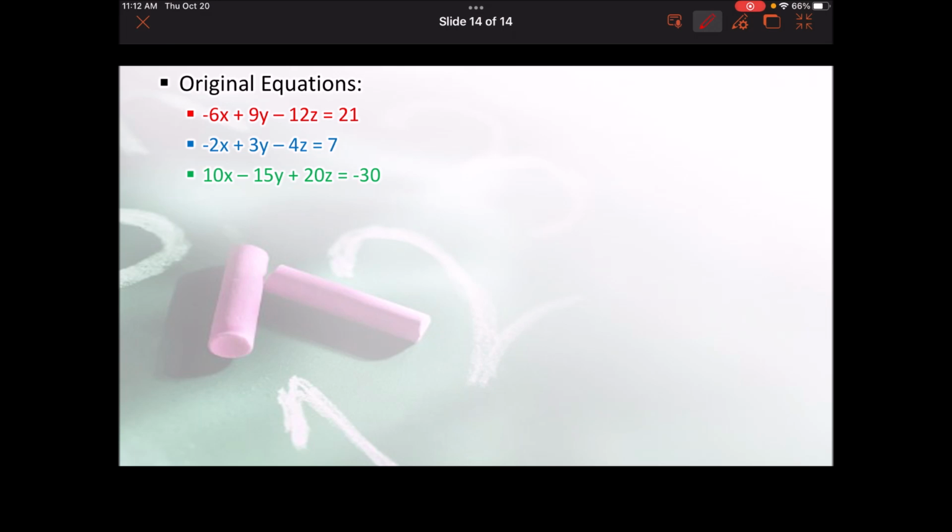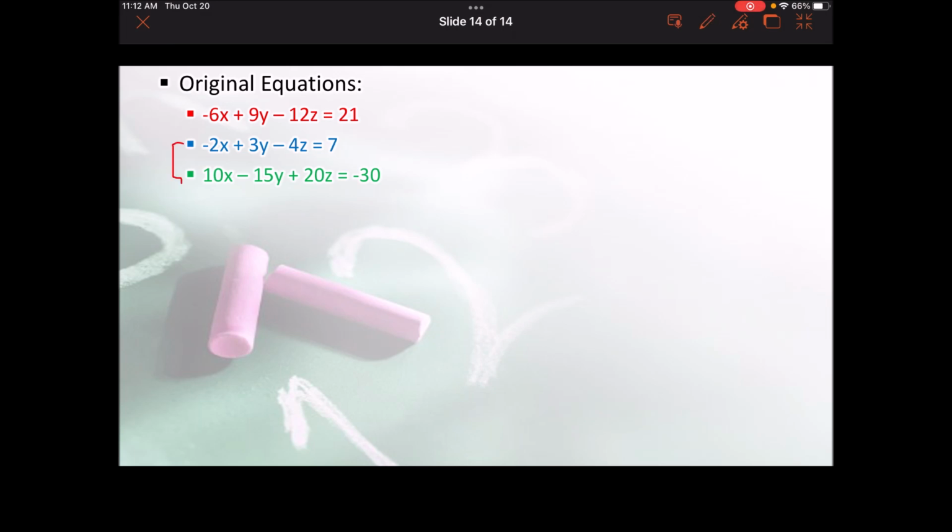If we work out this system, I look to see if I have any variables that are easily solvable. There are no variables that have a coefficient of 1 or negative 1, so I'm going to use the elimination process. I am once again going to eliminate my x variable. I am going to use the second and third equations in order to do that.